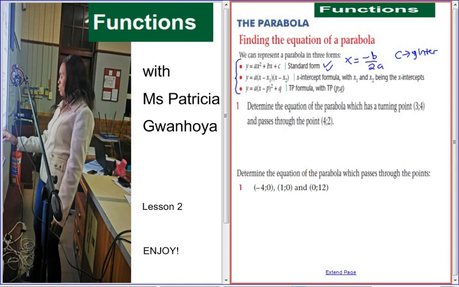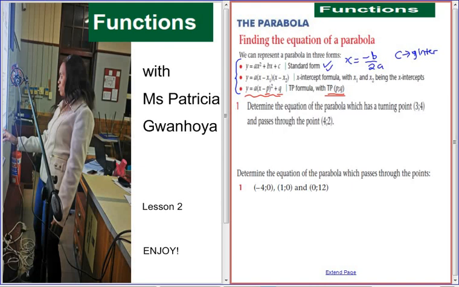We also talked about this one at the beginning where p and q were the turning points. So it's right here. The turning point will be calculated by saying p and q. Every other thing you calculate the same way. If you want the y-intercept, you make x 0. If you want the x-intercept, you make y 0.